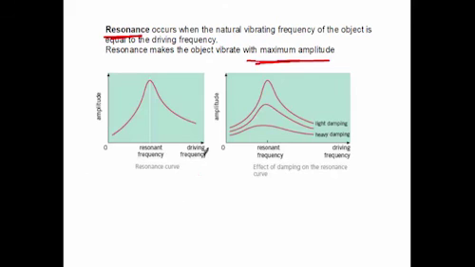Now this is the resonance curve. This is amplitude and this represents the driving frequency. So if any body is affected by a force, when the natural frequency of the object equals the driving frequency, here resonance will occur. So the body will start moving with maximum amplitude.